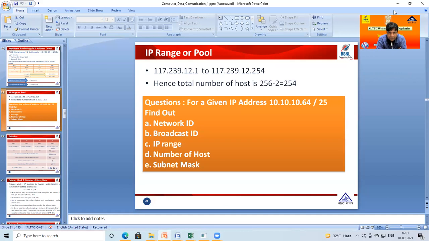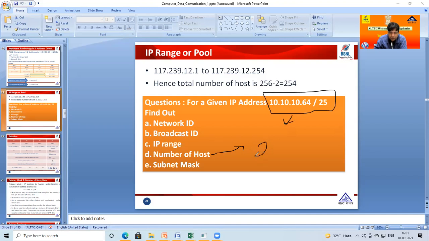This IP address is given on the screen. You easily find out the network ID, the broadcast ID, the IP range and the number of hosts. The first three answers were already given by all of you. Now I want to give the answer for the number of hosts.